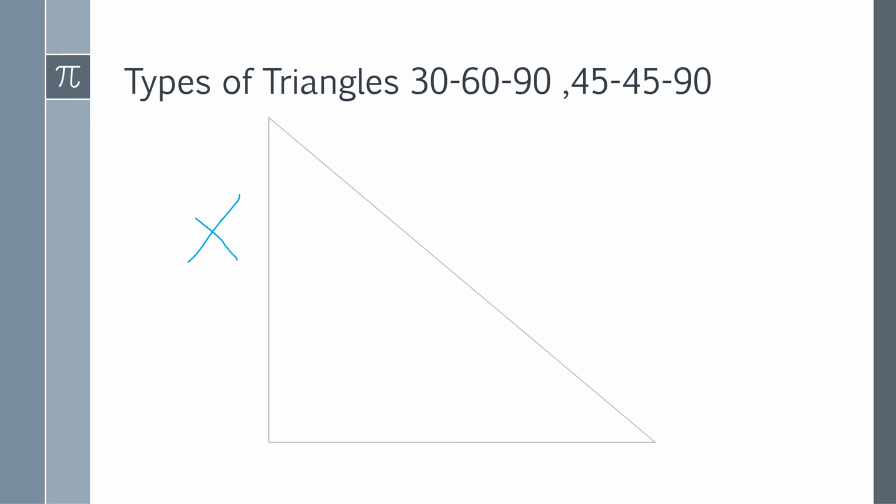The adjacent leg is always going to be x times the square root of 3. And then the hypotenuse is going to be just twice that, twice the short leg. I mean, twice the opposite leg. All right.